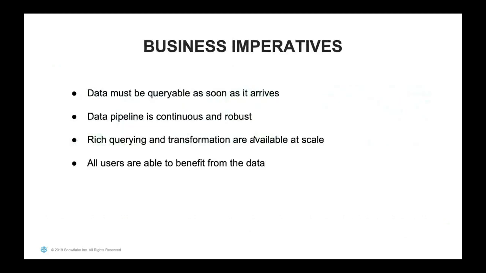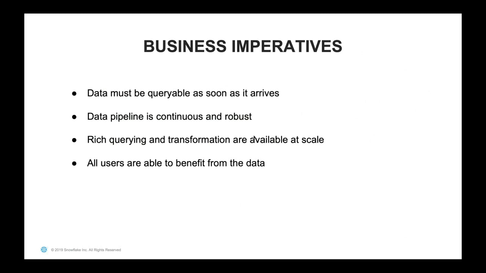So if we think from a business perspective, what does that really mean? Then data needs to be queryable as soon as it arrives in the system. So that means the latency and the efficiency have a direct correlation. If we reduce the latency, the chances are that the efficiency of the business is going to improve as well. Data pipelines, which are the means we deliver data into data platforms, need to be continuous, they need to be robust.